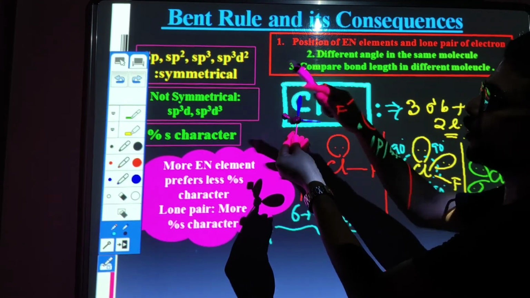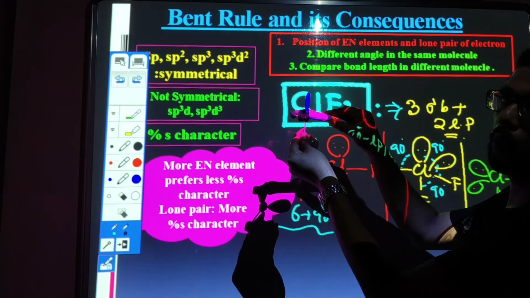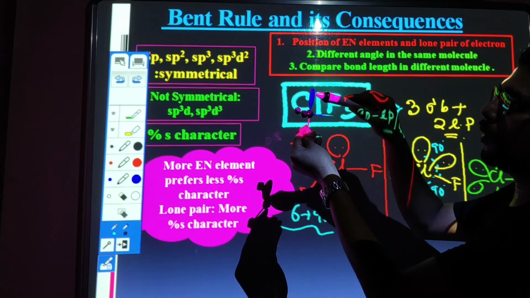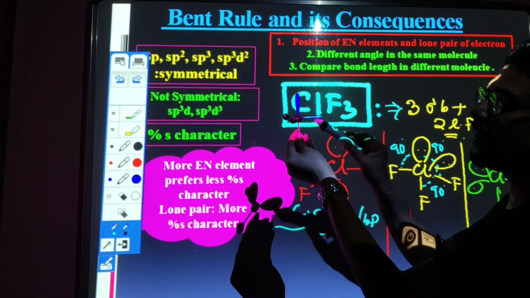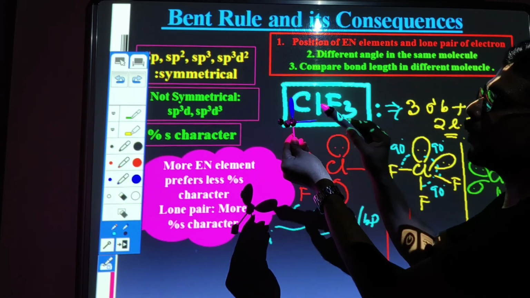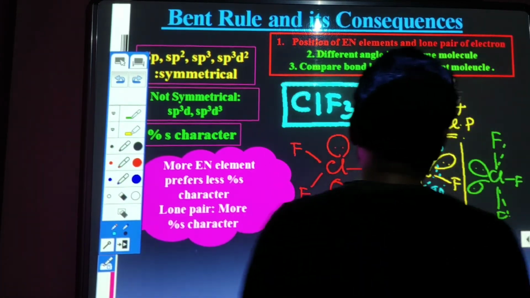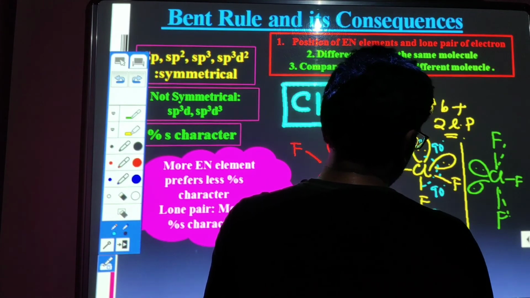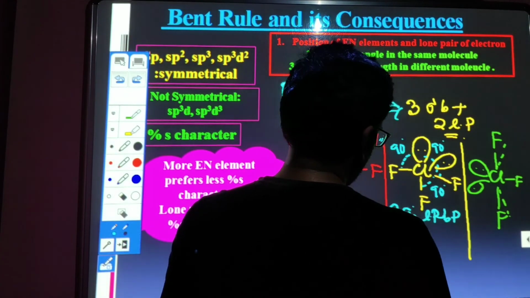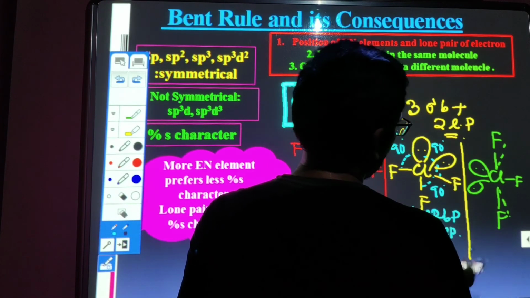So how many 90-degree lone pair-bond pair? 1, 2, and here 3. So 3 lone pair-bond pair and 1 lone pair-lone pair. Okay, 3 lone pair-bond pair repulsions at 90 degrees and 1 lone pair-lone pair repulsion at 90 degrees.